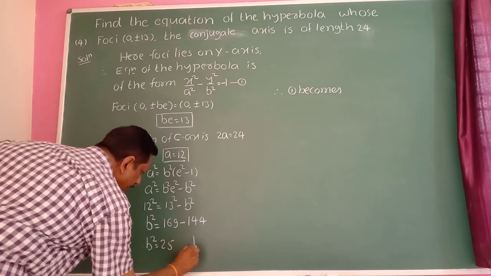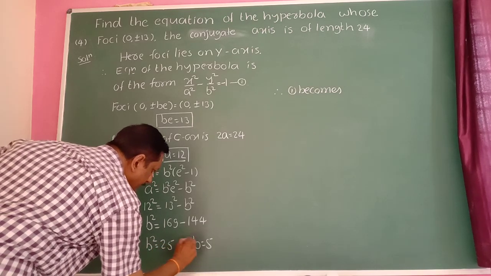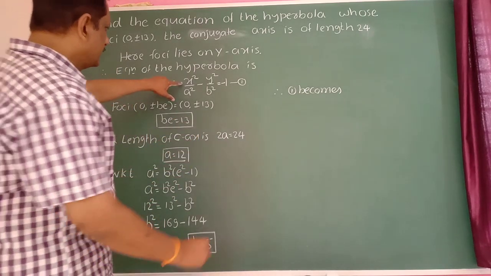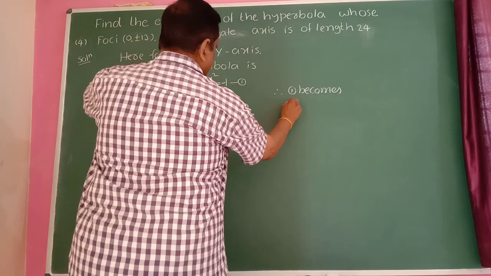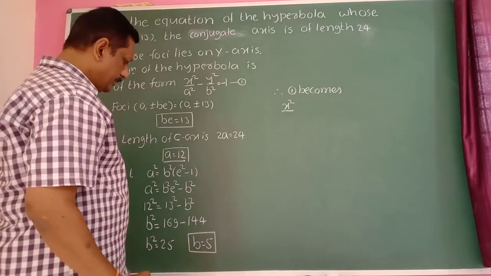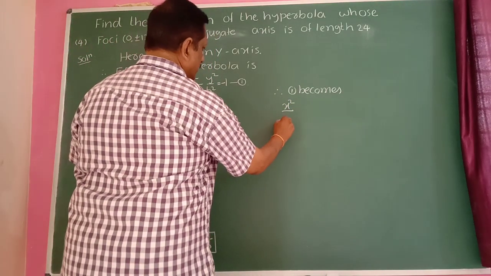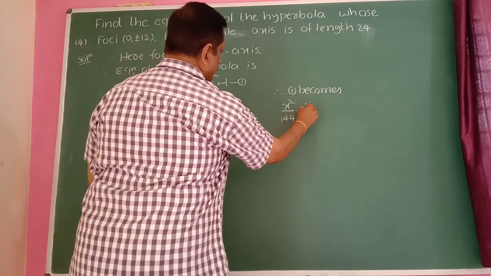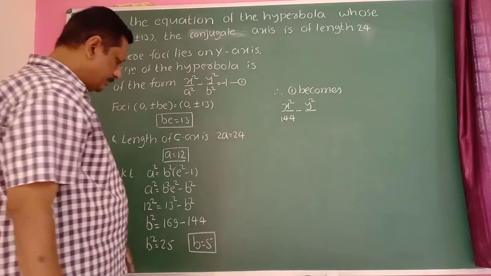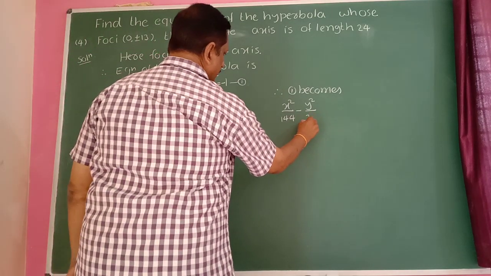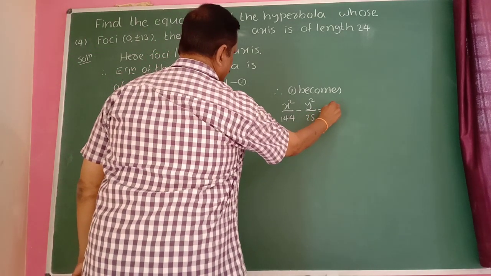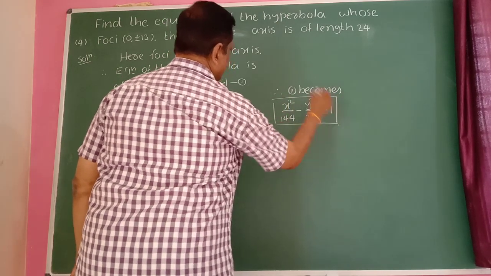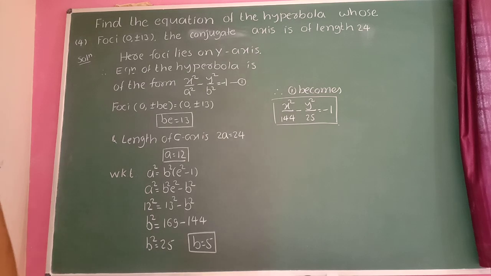Therefore the value of b is 5. So equation 1 becomes x²/144 − y²/25 = −1. This is the required equation of the hyperbola. It is a conjugate hyperbola.